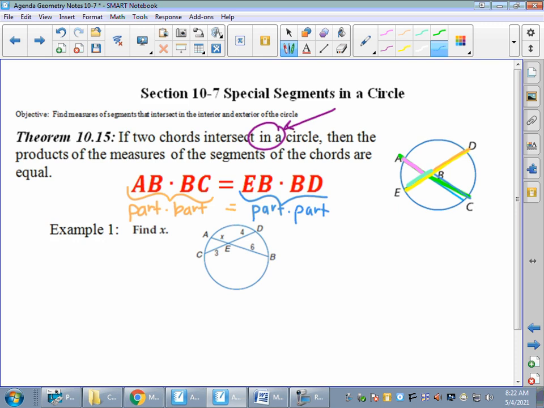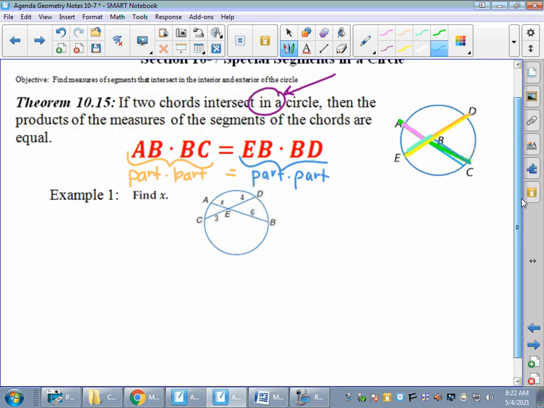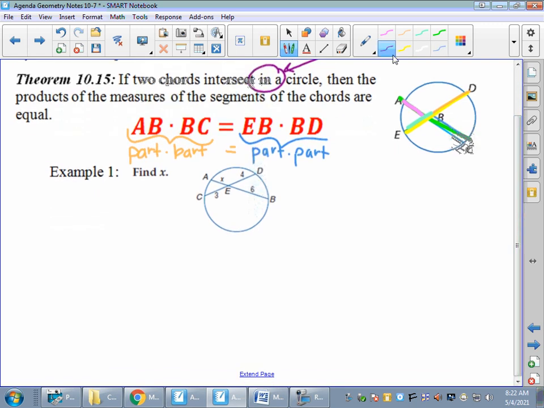So in example 1, it says to find x. Notice, just about the same lettering, right? I've got this chord CD. I know I'm going to set up an equation, so I'm going to take the two parts of chord CD, 3 times 4. And then I've got this other chord over here, AB. I'm going to take the two parts of chord AB, x times 6. Super simple equation to solve here.